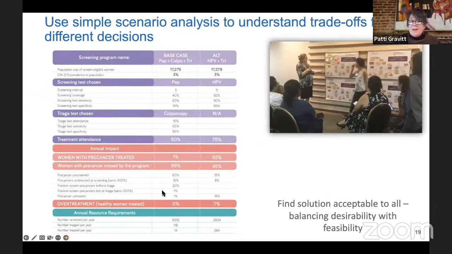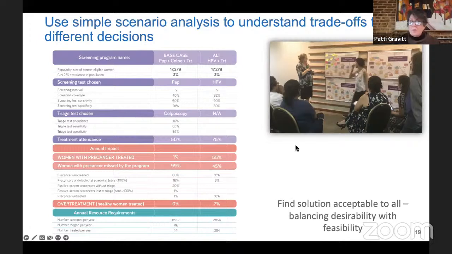One of the ways we worked in this group model building process is we developed a very simple scenario tool, which allowed people to make different assumptions about how many people they needed to screen to detect how much precancer, how often they wanted to screen, what they thought their screening coverage would be in a different scenario, and the actual performance of the screening or the triage test, et cetera.